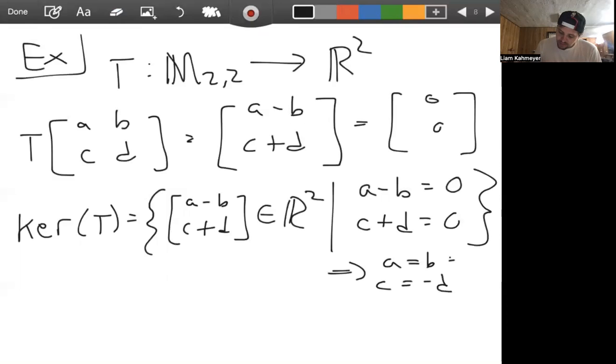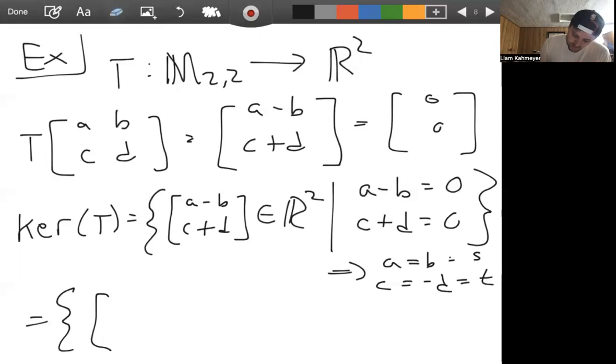Let's give A the parameter S and C the parameter T. Well, then that makes the kernel the set of all 2 by 2 matrices given by, right, sorry, that is my mistake, I apologize.